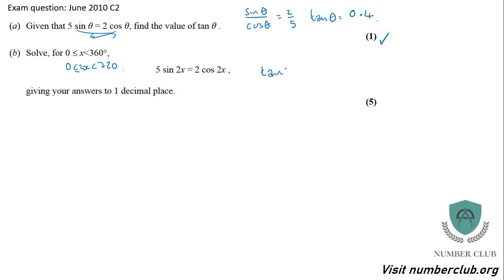So we get tan of 2x equals 0.4. 2x is equal to inverse tan of 0.4, which is equal to 21.8, because we want 1 decimal place. So 2x is equal to 21.8, and we're going to be casting up to 720.